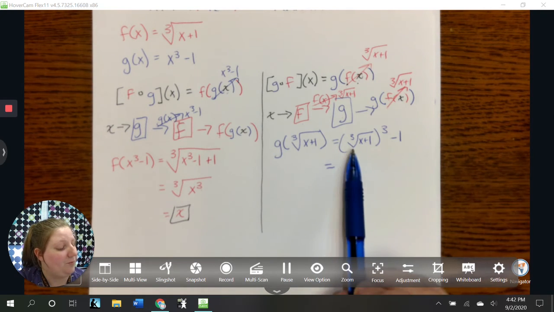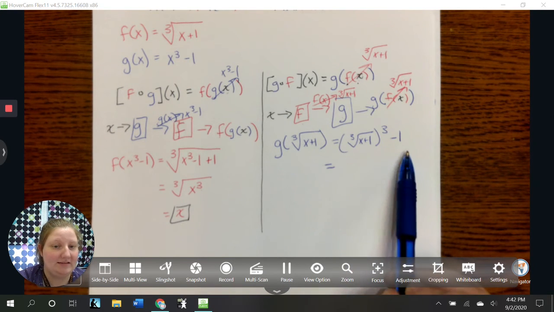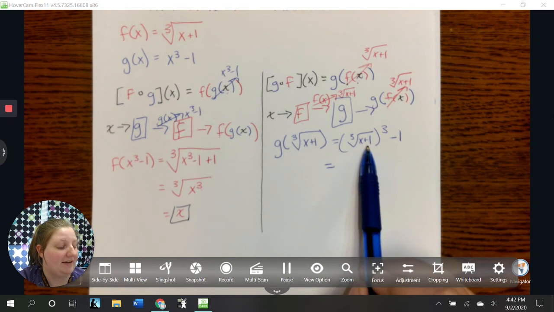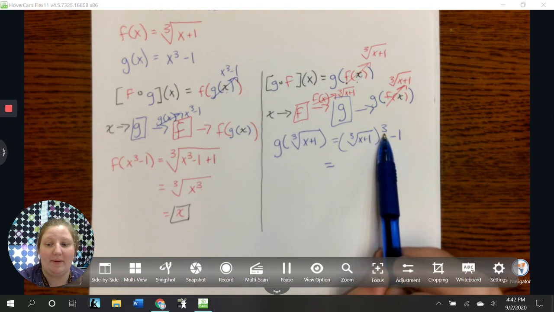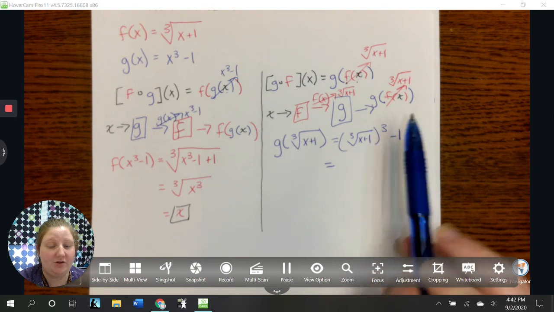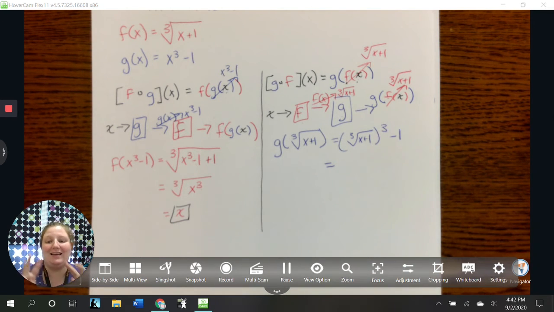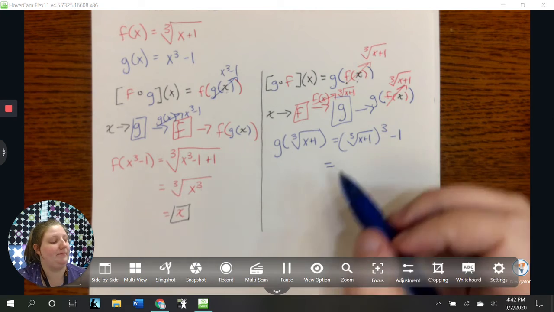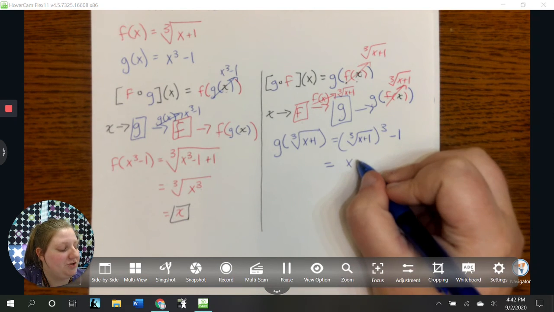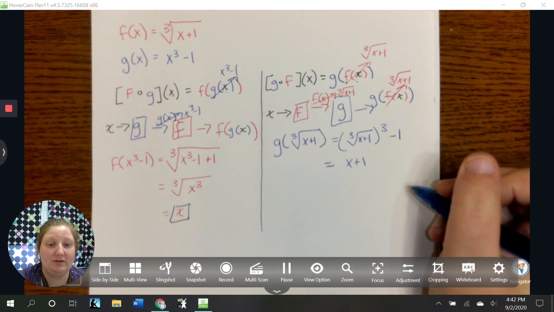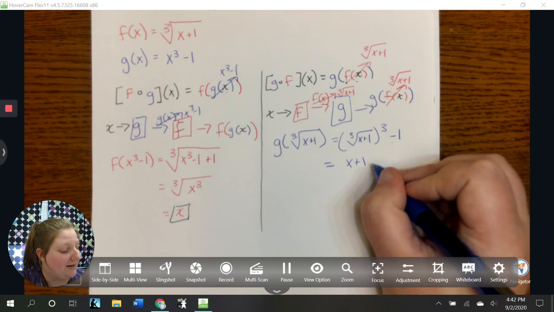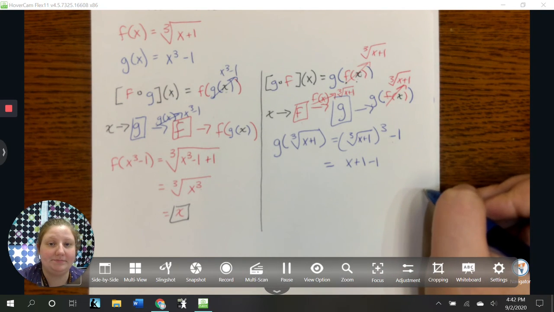So now we're going to go through and simplify this. When we have the cube root of x plus 1, cubed, again, a cube root and a cube, or a power of 3, are opposites of each other. So those are going to cancel out. That would leave us with just x plus 1, so just what was inside of that cube root. And then we can bring down that minus 1 that was afterwards.